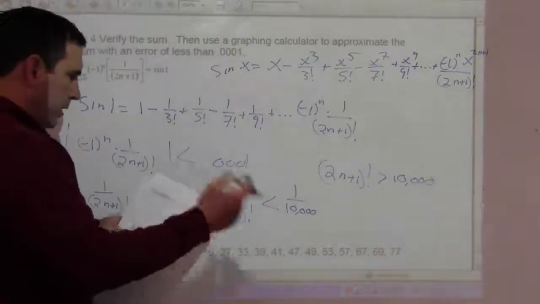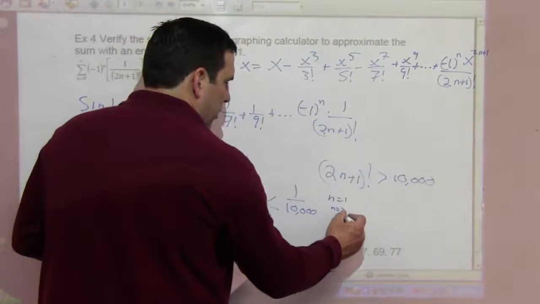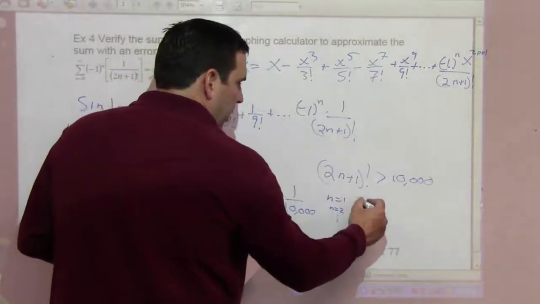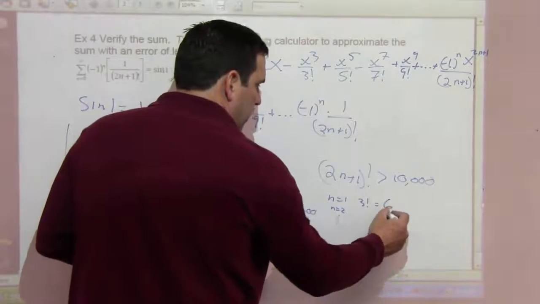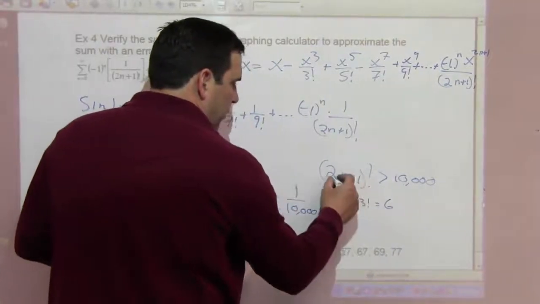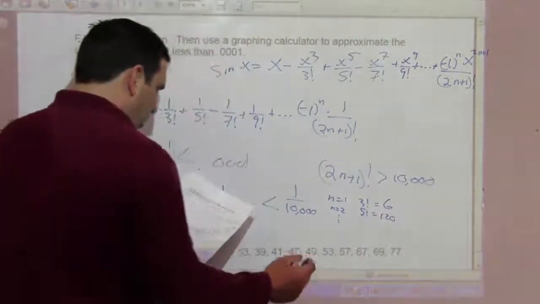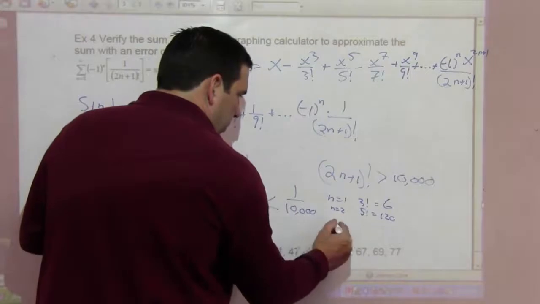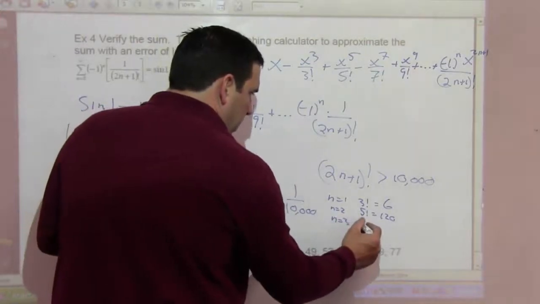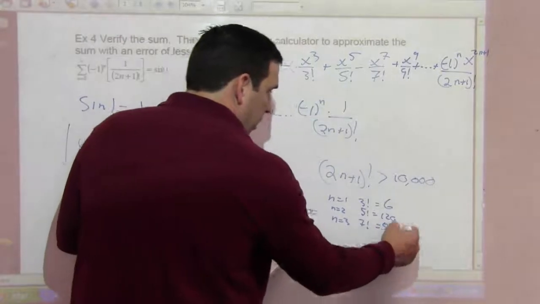So if you look at n equals 1, n equals 2, and so on. N equals 1, you're going to have 3 factorial, which is 6. N equals 2, you're going to have 5 factorial, which is 120. N equals 3 is going to be 7 factorial, and that's 5,040. So we're getting closer.